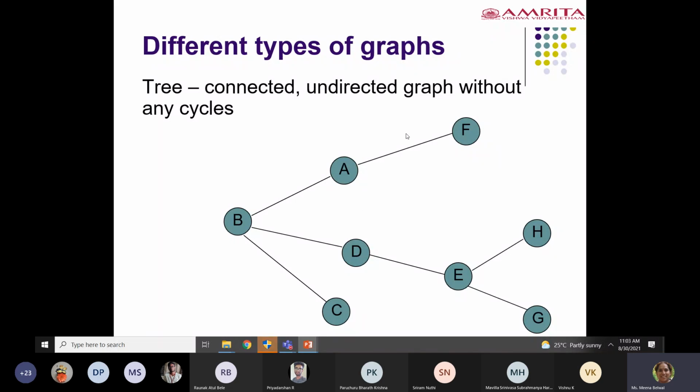It's all connected and there should not be any cycle. That is how we define a tree. Simple definition. If you have to consider a definition of tree mathematically, you will say set of vertices, set of edges, all that you will define. But if we consider that we have all those terms defined already, we will say that a tree is a connected, undirected graph without any cycle.